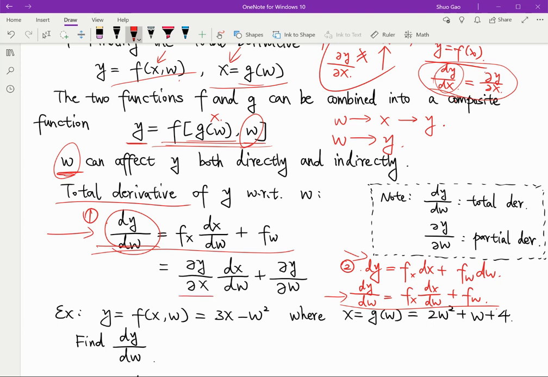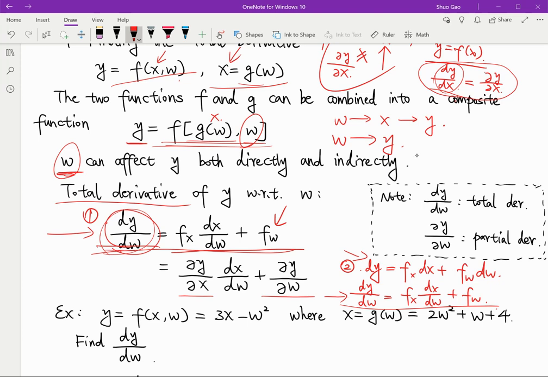So fx is partial y over partial x, and then fw is partial y over partial w, right? So from this equation, we can note that there are two ways to affect the total derivative, right? The first, here, fw is a direct way, right? Because w is in the function f, so it can directly affect the total derivative.